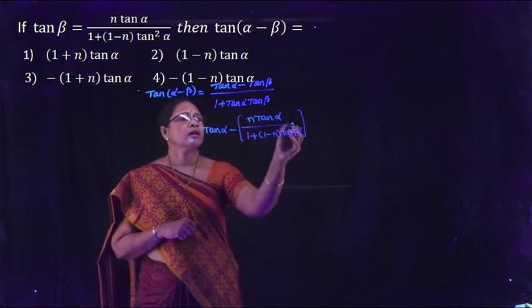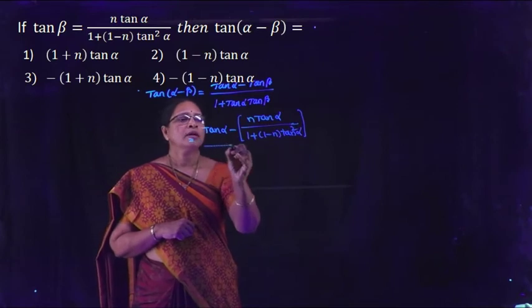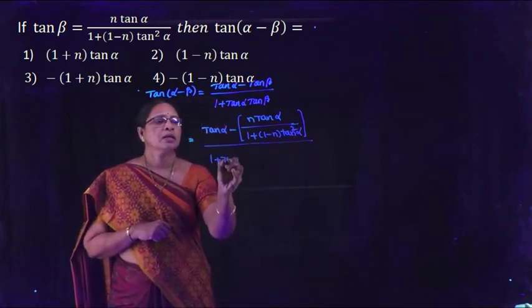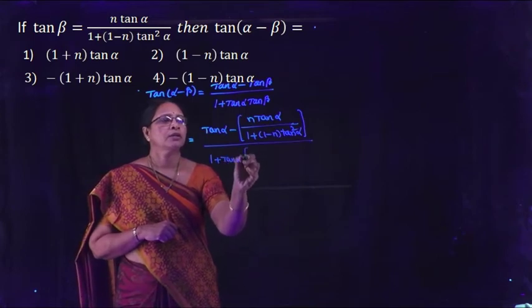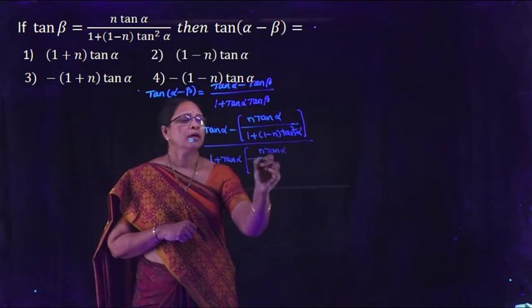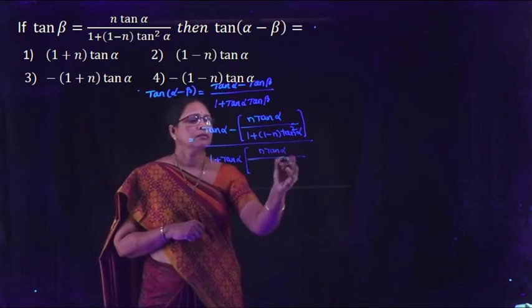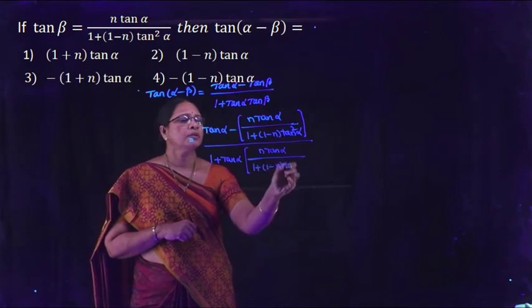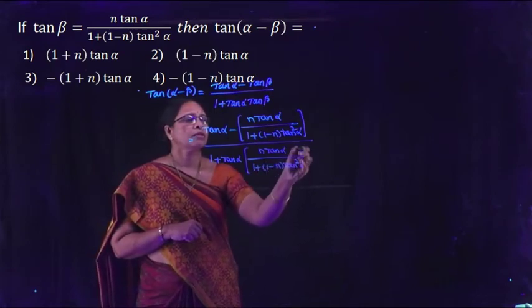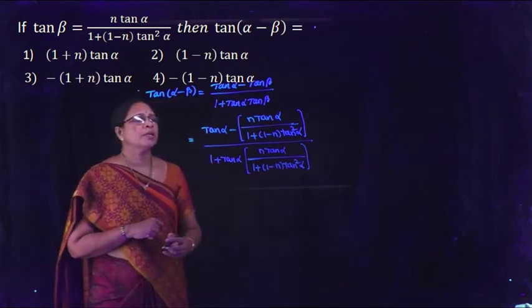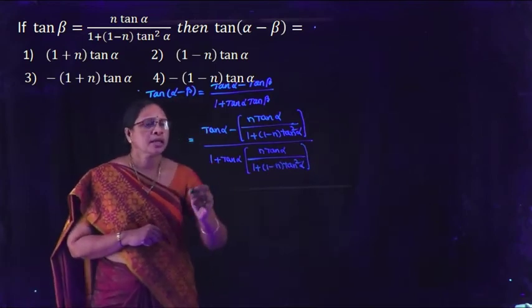whole divided by (1 + tan α × n tan α / (1 + (1 − n) tan² α)). Taking LCM in the numerator and denominator, the LCM gets cancelled.